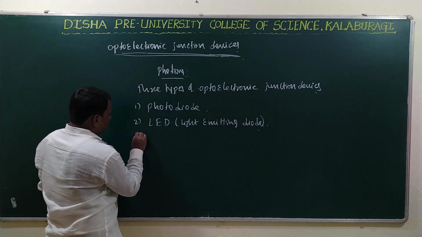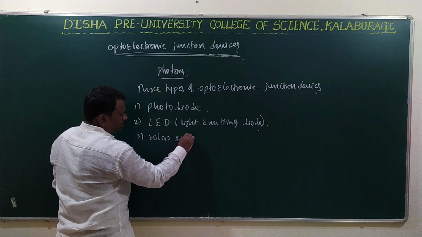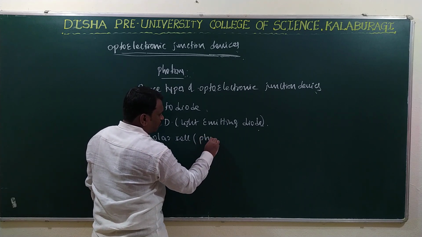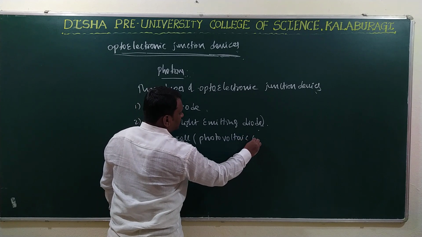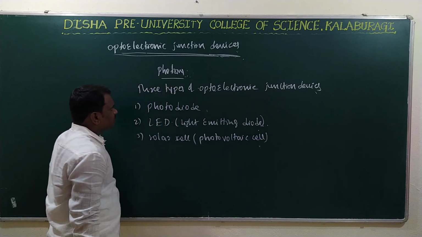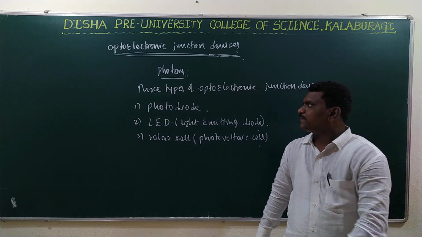And the third one is the solar cell, or it is also known as a photovoltaic cell. Right? There are three important types of optoelectronic junction devices.